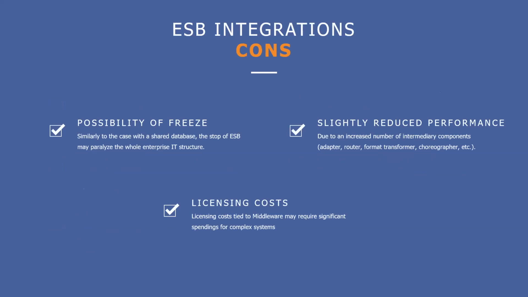The licensing cost is the number one con about it, because they are kind of expensive. And whether the software freezes, I guess that's true for any iPaaS solution, but those are exceptionally rare.